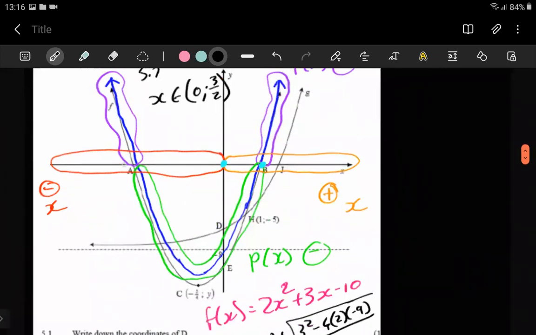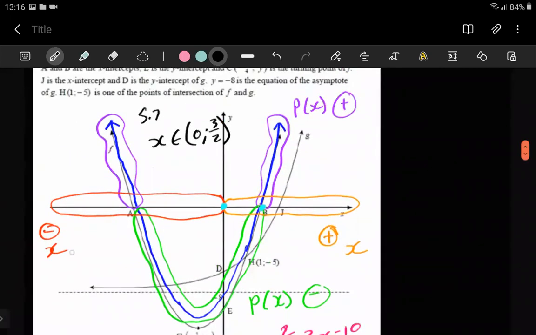Now we need the opposite. We want where we see negative x values together with positive y values, because these are representing positive y values. And we see that specifically from this x value over here going to all the x values on the left.